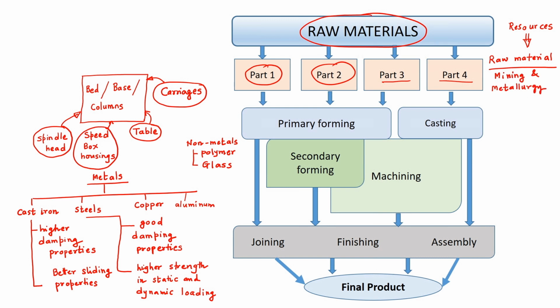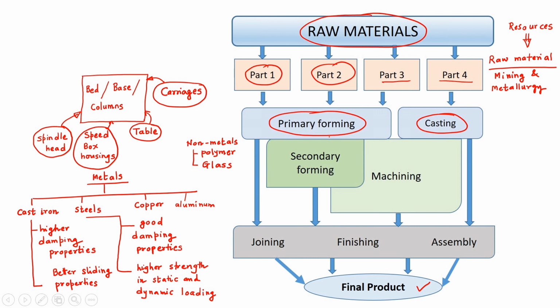So, we need to convert the raw materials into the final product that is required for our intended purpose for the fabrication of the automated system. So, to convert the raw material into finished or semi-finished product, we need to carry out certain operations, and these operations are grouped together as primary forming operations and the casting operation.